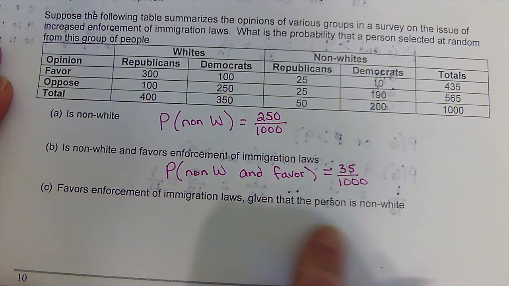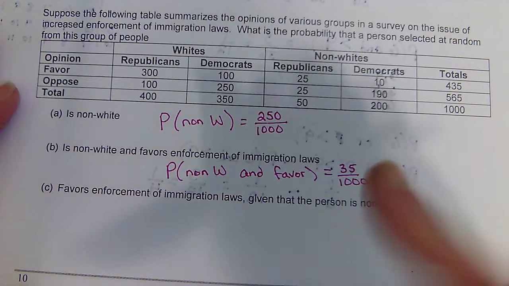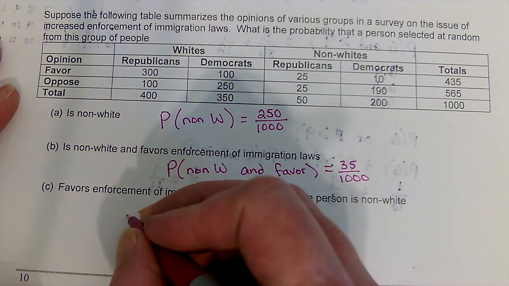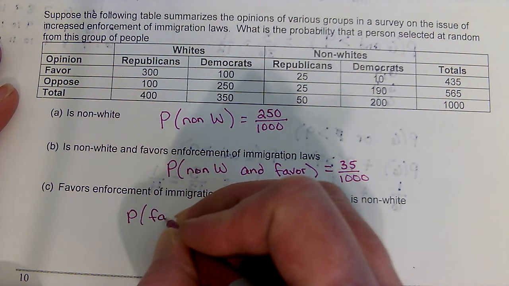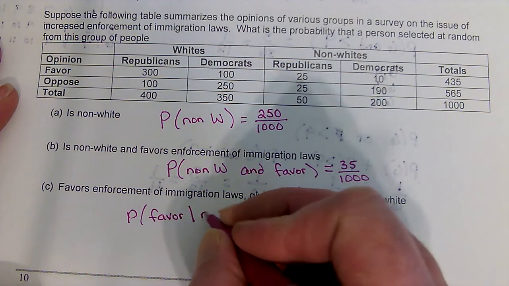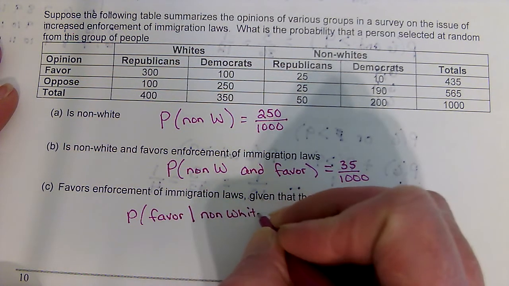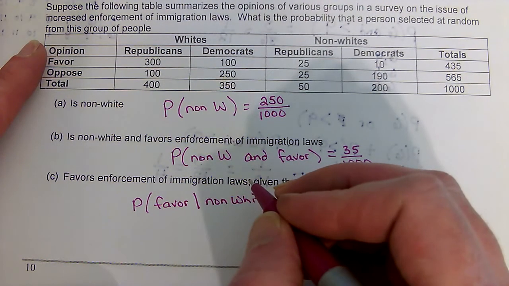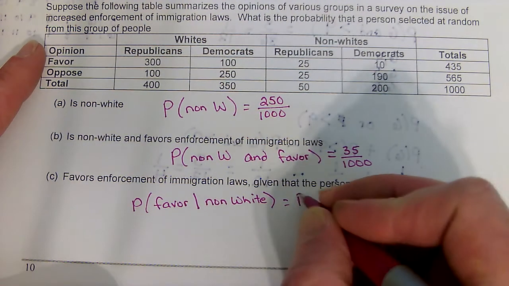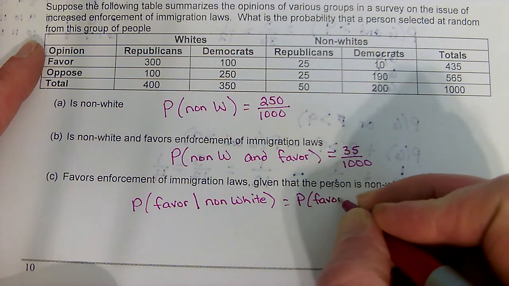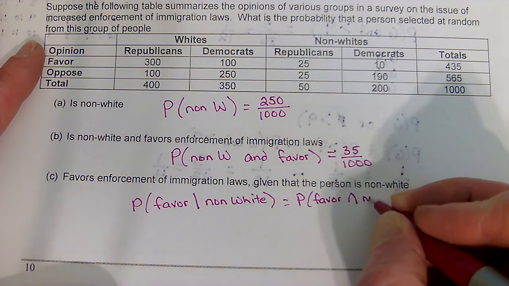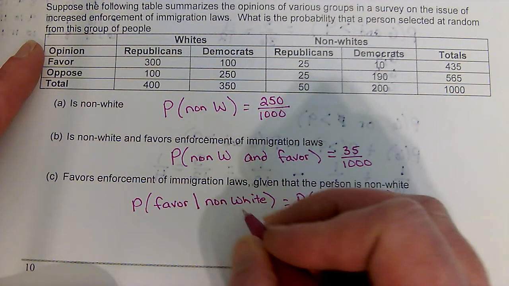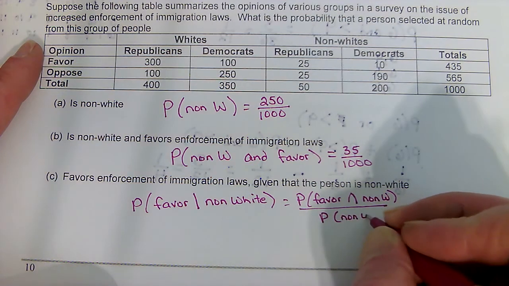Favors the enforcement, given that we already know the person is non-white. So this is the probability of favor, given that we already know they're non-white. So what we'll do is use the probability that it's both favor and non-white, divided by the probability of the given, so this is the underneath part, non-white.